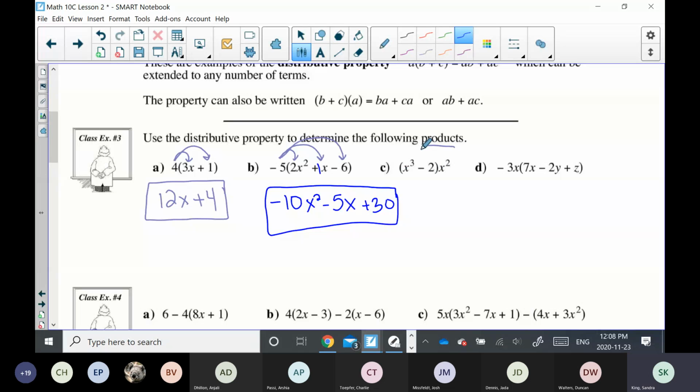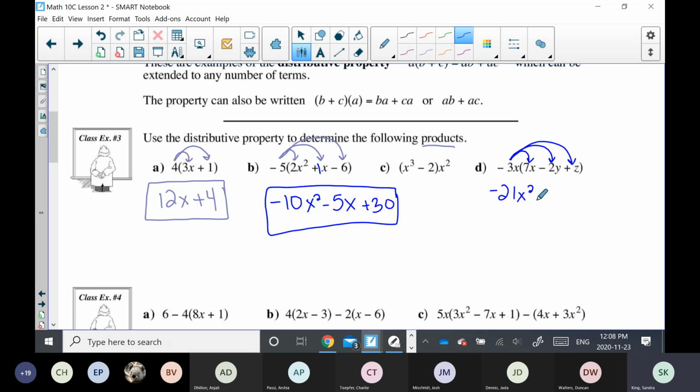Let's skip C for a second and let's do D. Take that -3x. It has to go into every single term in the bracket if we're going to find the product. -3 times 7 is -21. X times x is x squared. Then I've got -3x times -2x.